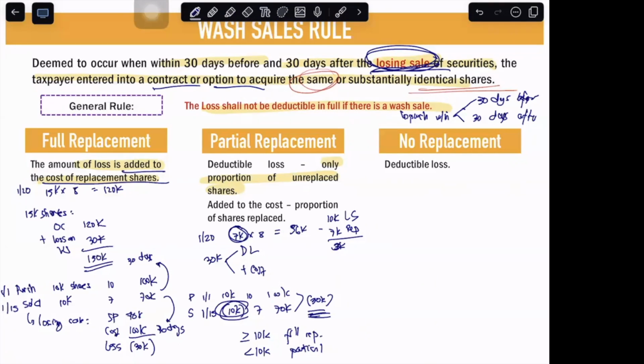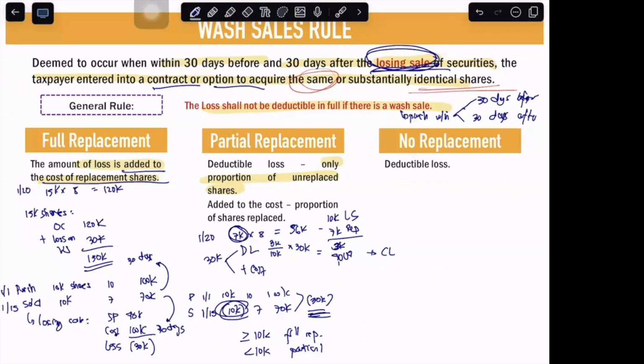So to get the proportion, 3,000 over 10,000 multiplied by the loss. So we have 3 over 10 times 30,000. We have a deductible loss of 9,000. Okay? But this deductible loss will be subject to the rules of your capital losses.